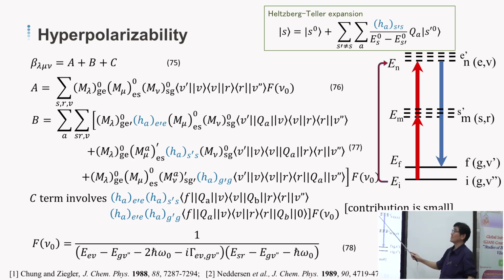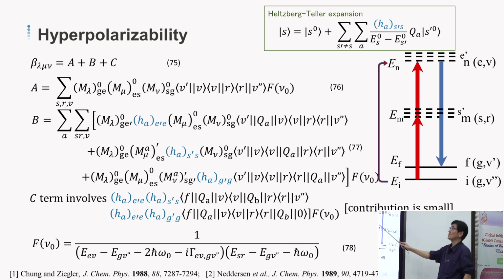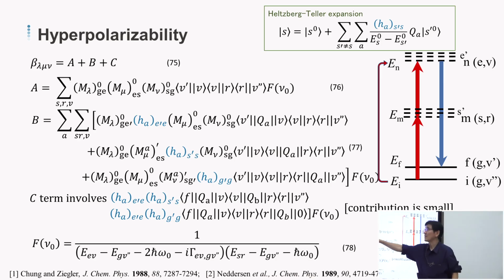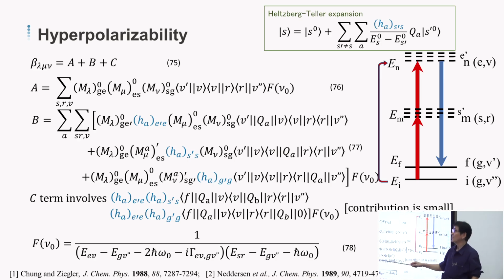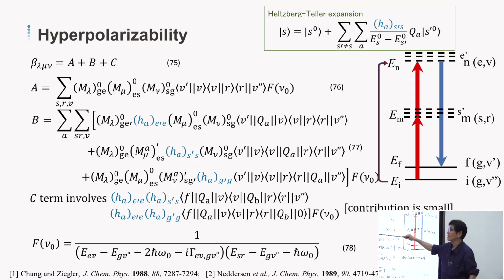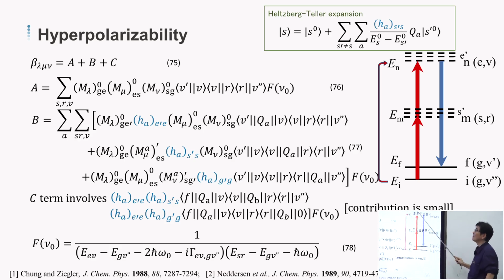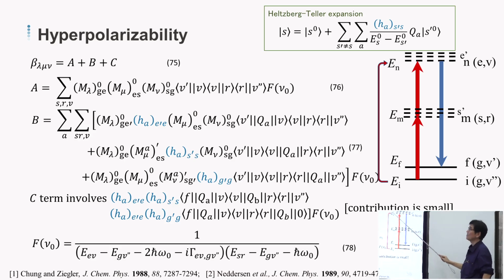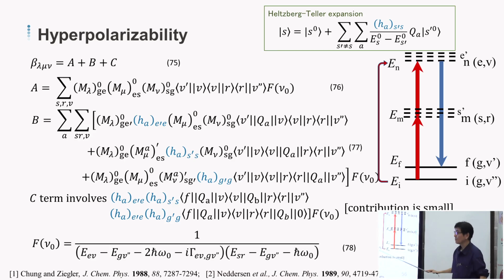By substituting the electronic wave function following the Herzberg-Teller expansion, we can again separate the hyper-Raman tensor into A, B, C. A is the main part. B is the part that contains one additional coefficient term.